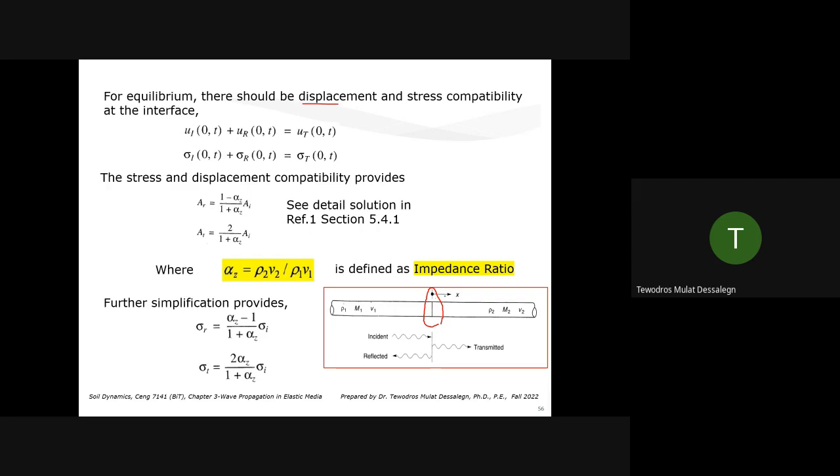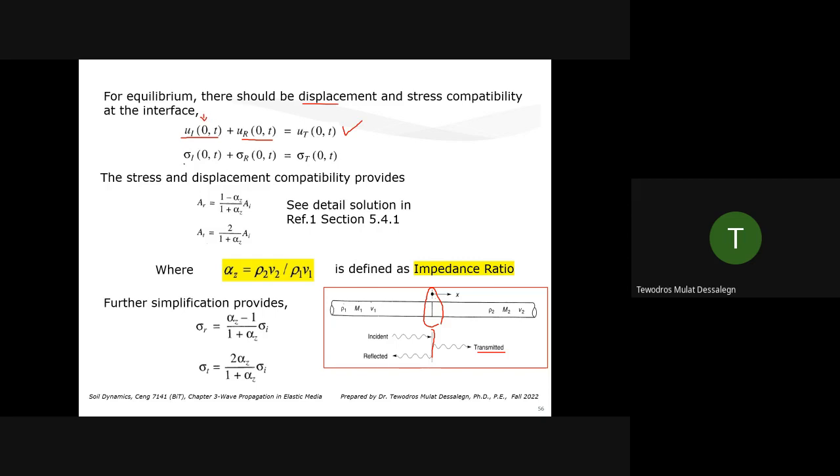At the interface, let's say x is 0, the incident wave displacement or deformation plus the reflected wave deformation, this is the one on the left side, should equal the transmitted wave deformation. So whatever deformation we have here, caused by the incident wave and by the reflected wave, the sum of these two should be equal to the deformation by the transmitted wave. This is what it tells you at x equals 0.